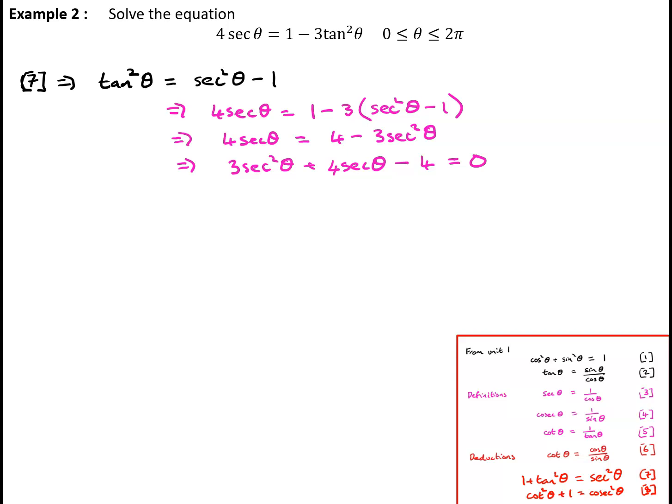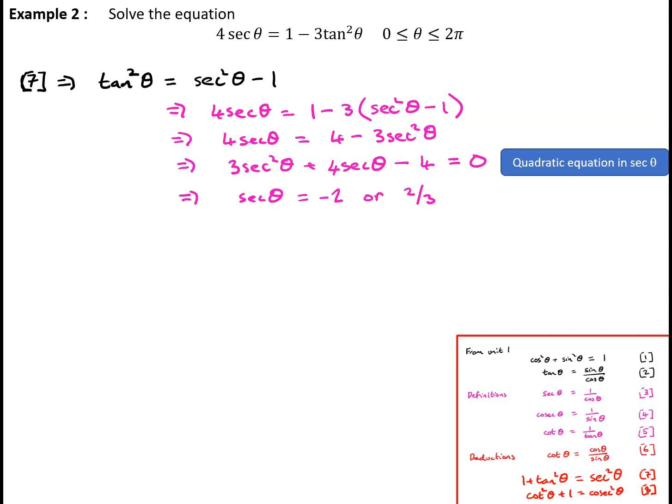So I've got a quadratic equation in sec theta, which I can solve either by factorising or by using my calculator to obtain the possible values of sec theta. Either way, I get sec theta equals minus 2 or 2/3.